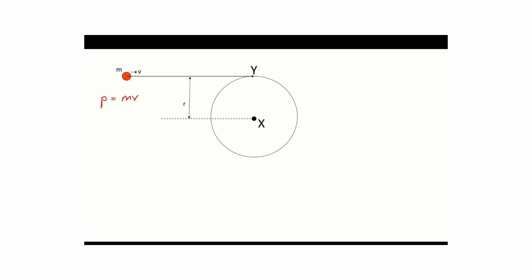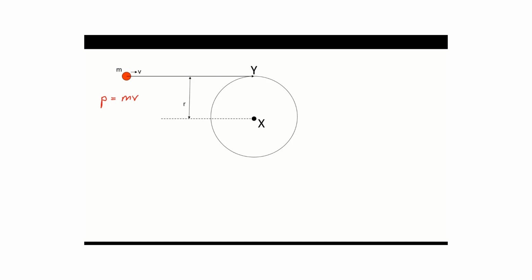Now we're going to consider point x, which is not on the path that mv is travelling. Now with point x, we can say there's an angular momentum about point x. And you may say, but it's only travelling in a straight line. I know. I've drawn a circle there, and you can see at point y, it's just at a tangent to the circle. So we could say, just for that brief instant, it's travelling around the circle.